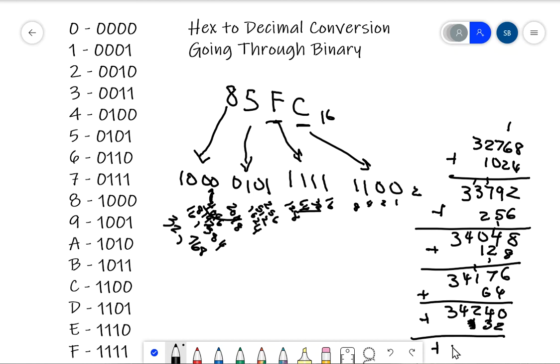And that one's pretty easy. 34 to 72. So I'm going to write that up here because I'm running out of space. 34,272 plus the next one is a 16. Once again, tedious procedure, isn't it? 34,288.